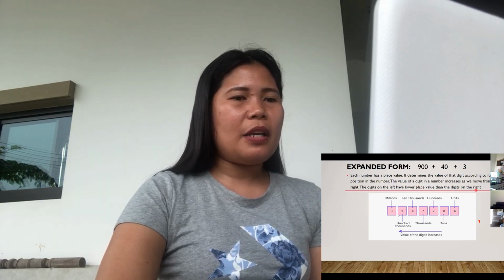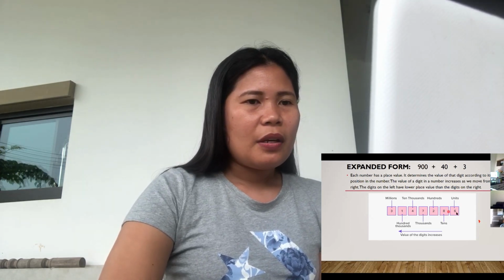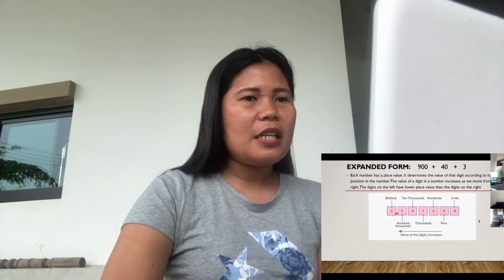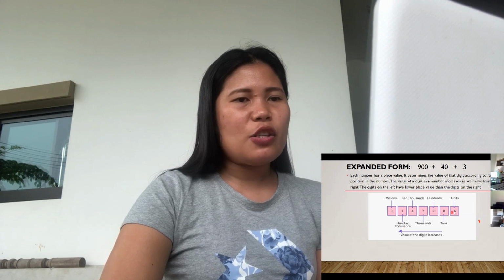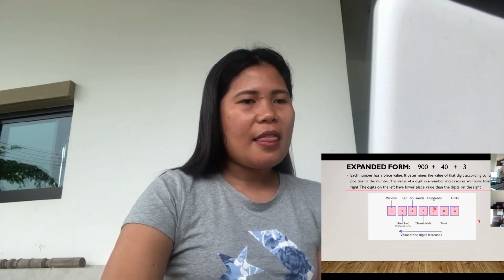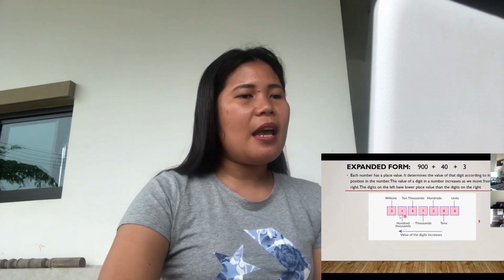Okay, so example here. As it increases from here going up, the digit increases. From here it's units, and then tens, hundreds, thousands, 10,000s, 100,000s, and millions.